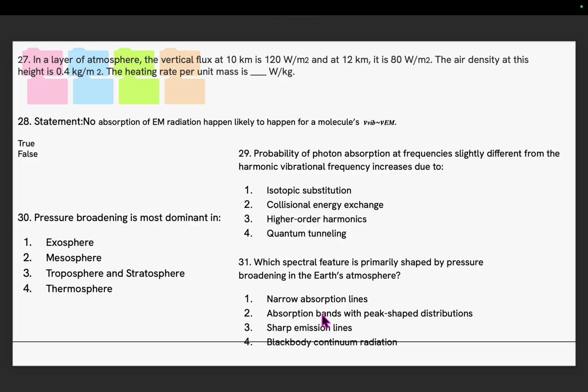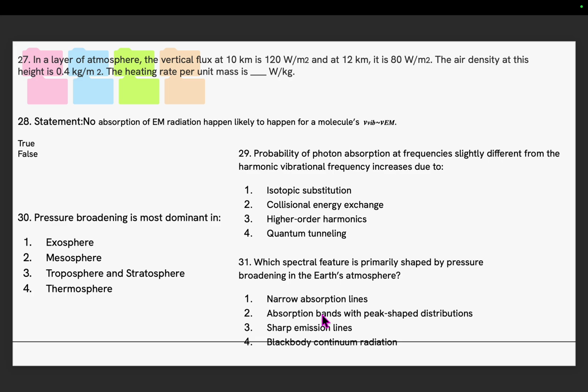Now question 27 I am skipping today, and question 28, there is a statement, you have to mark true or false. No absorption of electromagnetic radiation is likely to happen when the molecule's vibrational frequency and temperature differ from the electromagnetic radiation's frequency.